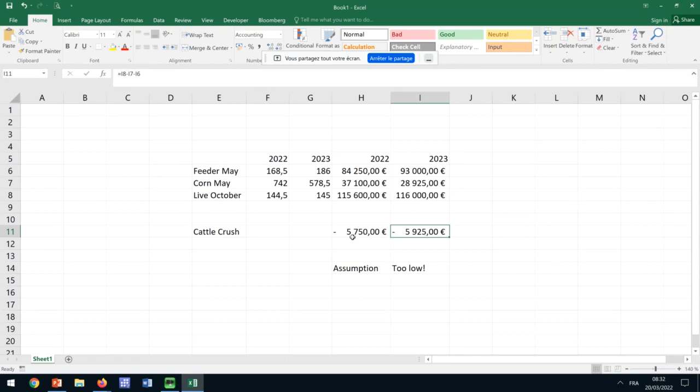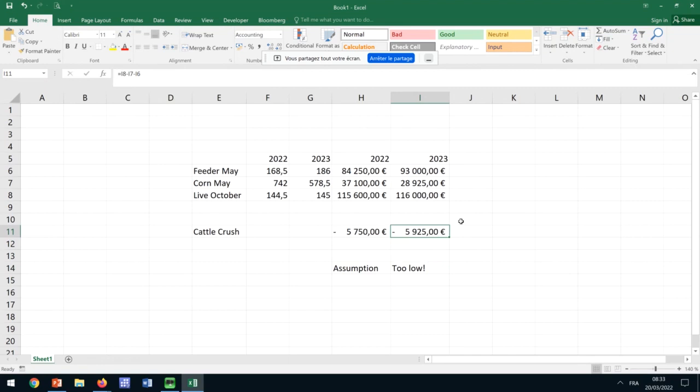We've seen that if you do the transaction now, the cattle spread is smaller. So we think that this number should increase. It should become smaller in absolute terms. We don't know which one of these individual values is going to adjust, but we know that this is too low a profit.